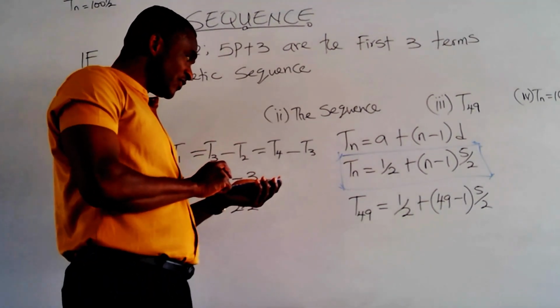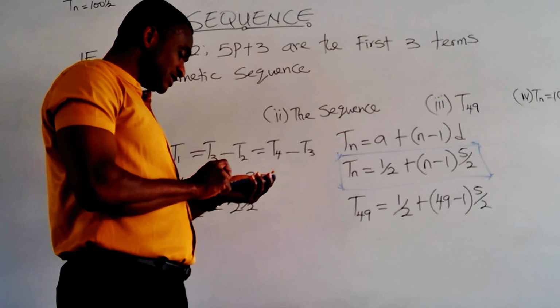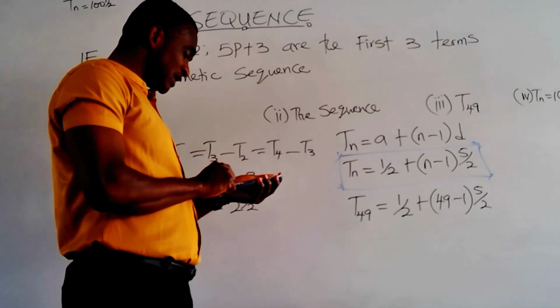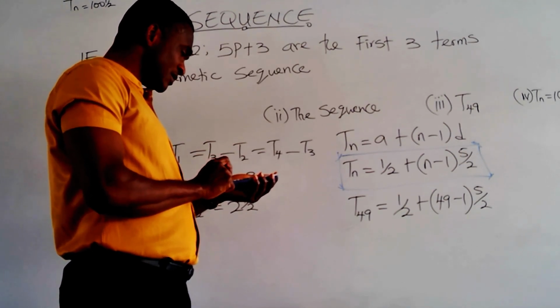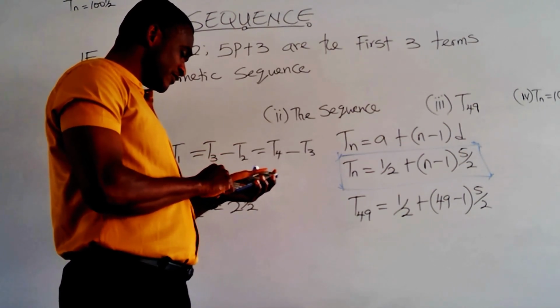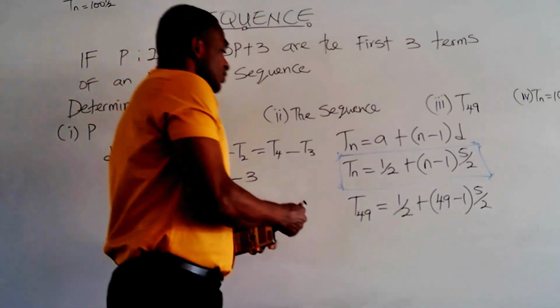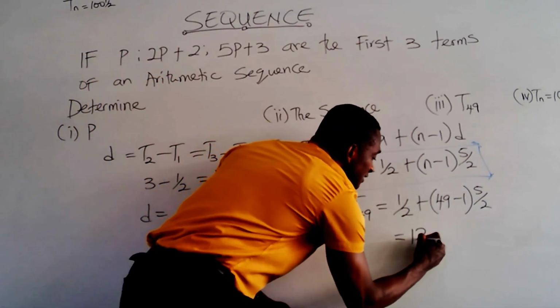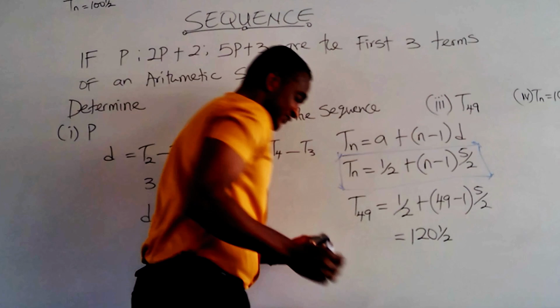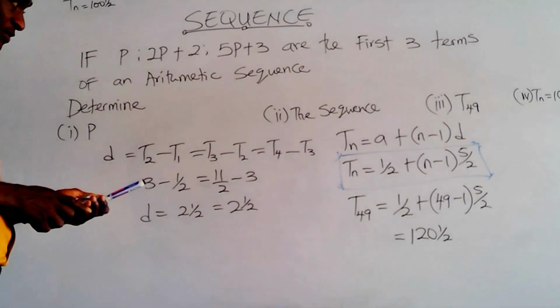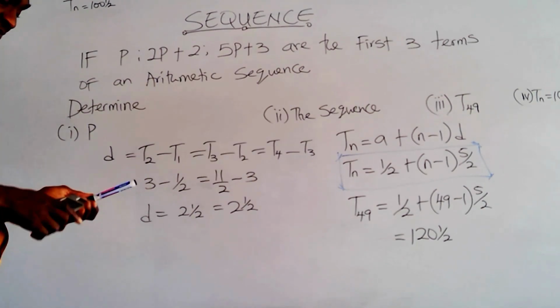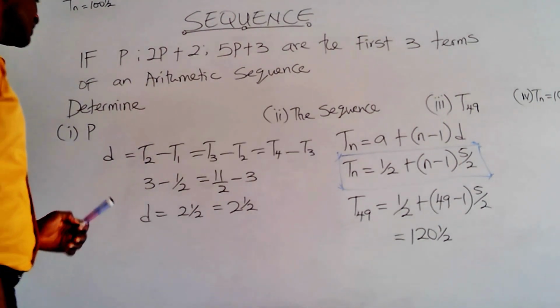So we have 48 times 5 over 2, plus a half. Our answer is 120.5, which is 120 and a half. That is our 49th term.